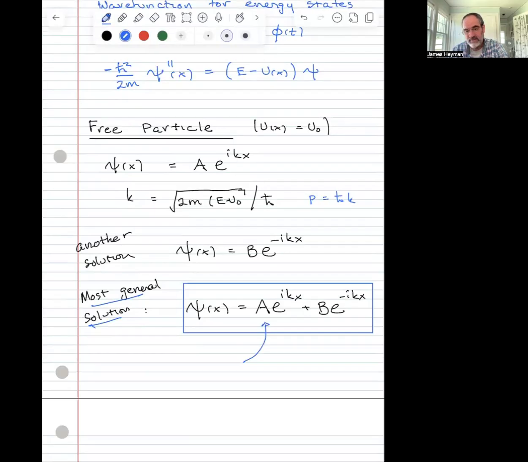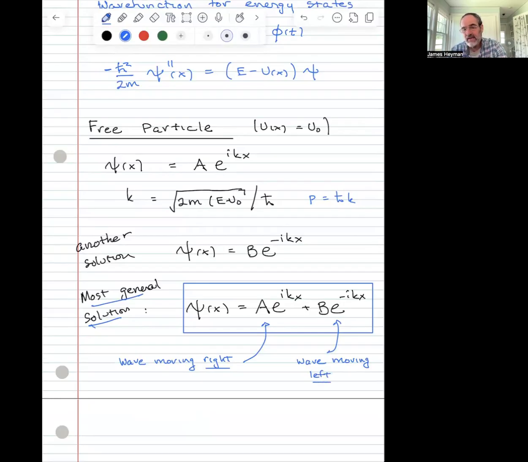If we were to put the time-dependent part back in, we would see immediately that the first term, e to the ikx, describes a wave moving to the right, to positive x. Whereas this term here, we'd see describes a wave moving to the left.